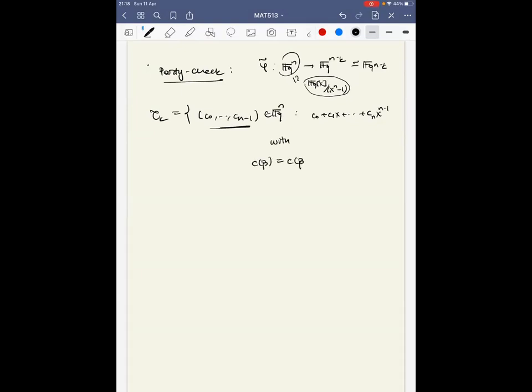So that means it will be determined by the polynomials which have roots at beta, beta square, up to beta to the n minus k.